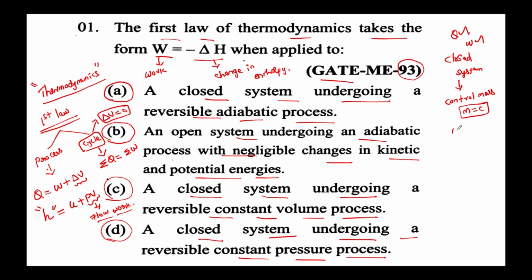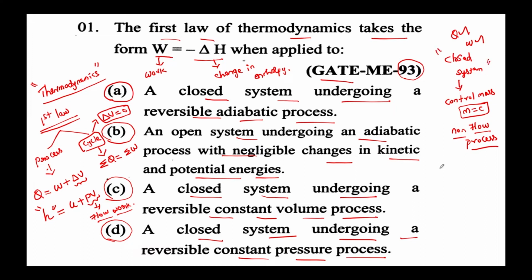Similarly, it is also called a non-flow process. There is not going to be any flow of matter either from the system to the surroundings or from the surroundings to the system, and that defines the closed system.